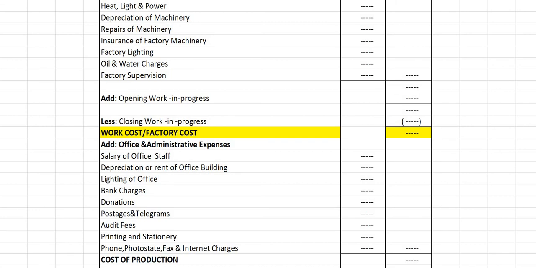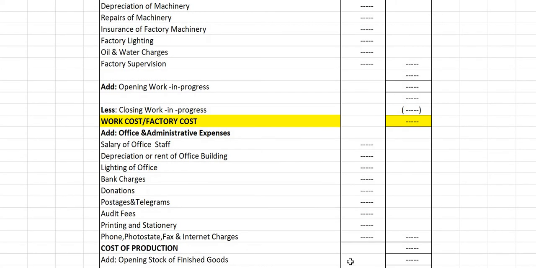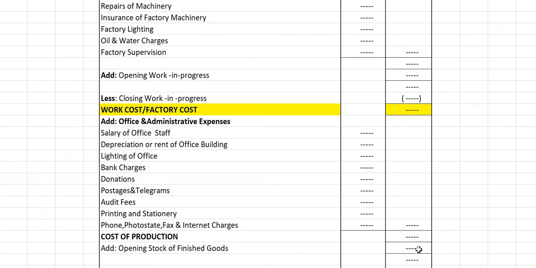That means we can say the cost of goods that we have produced plus some opening stock of finished goods which is already there. So first of all, we calculate cost of production, and in that cost of production, we add opening stock of finished goods. Whatever we have after adding them are the goods lying in the godown to sell.